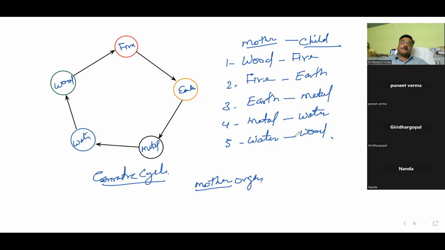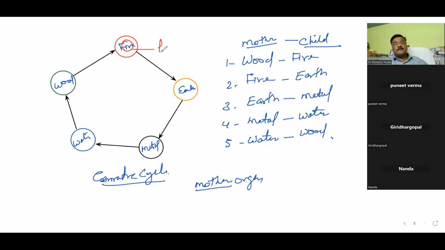So according to this concept, if fire is less, what are we doing?